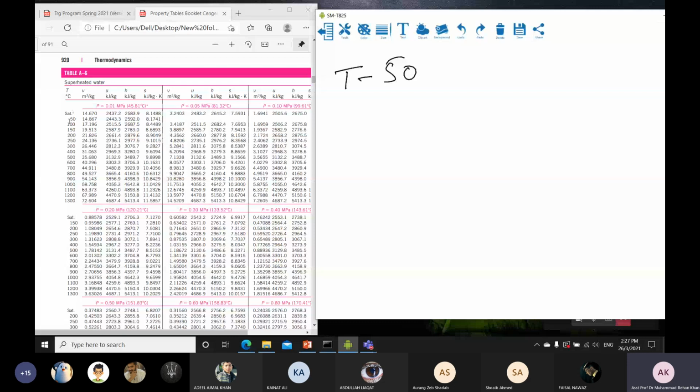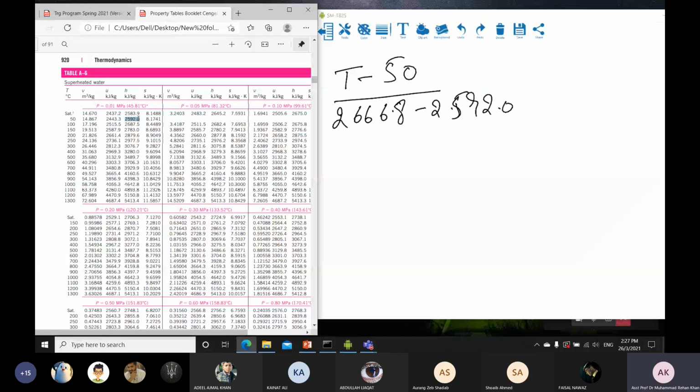Then in the denominator you plug the enthalpy value, which comes from state 6a, minus 2592.0. Then plug all the values in: 100 is your final temperature, 50 is your initial one, and 2687.5 minus 2592.0. Just solve for your temperature.